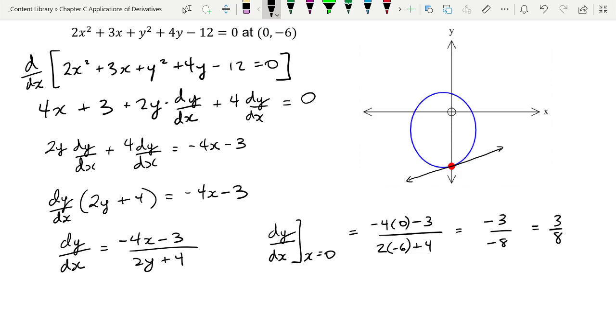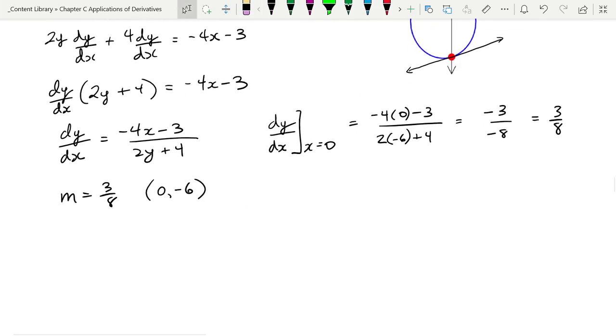So I just use my grade 10 skills now. I have a slope of 3/8. I have the point (0, negative 6), and y minus negative 6 is equal to slope times x minus 0.